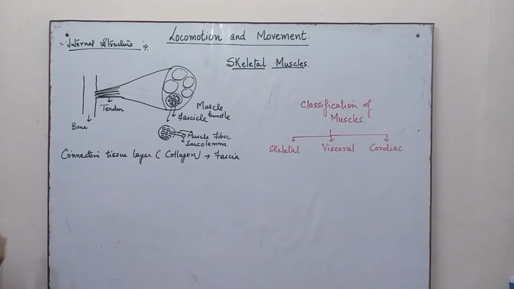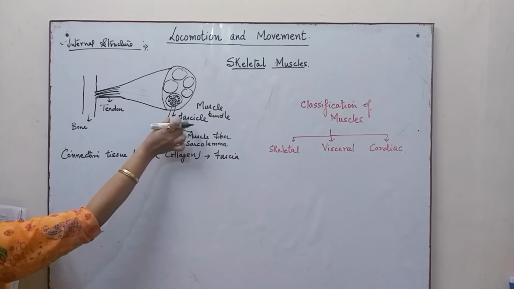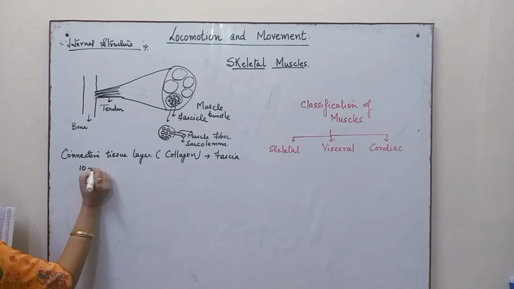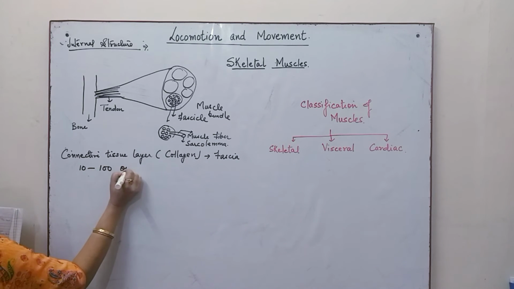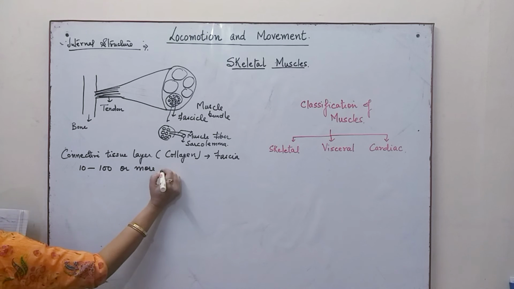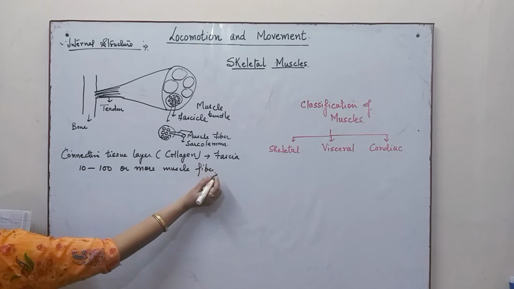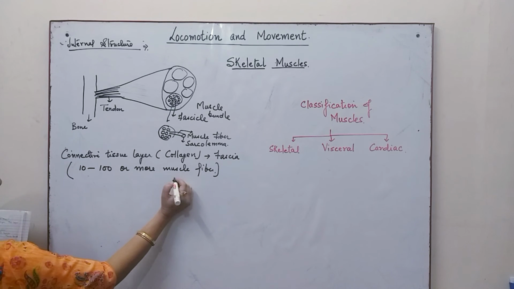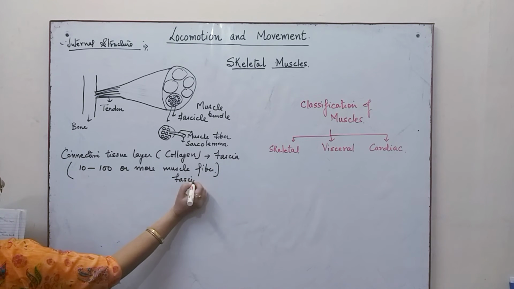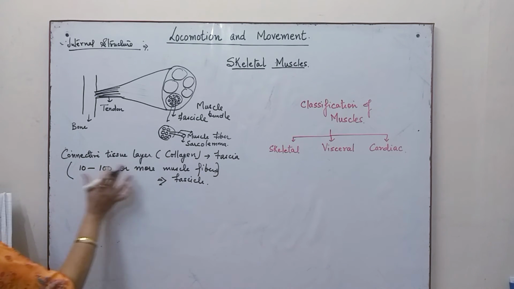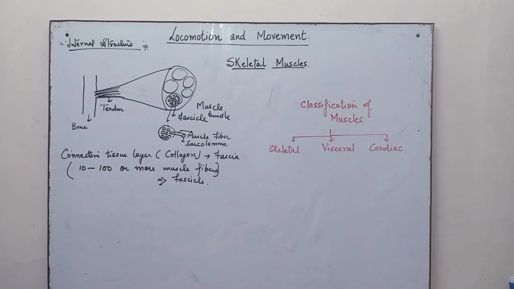It is approximated that a fascicle, that means a muscle bundle, can have up to 10, 200 or more muscle fibers. So this constitutes the muscle bundle or fascicle. So, there are several muscle fibers within a fascicle.